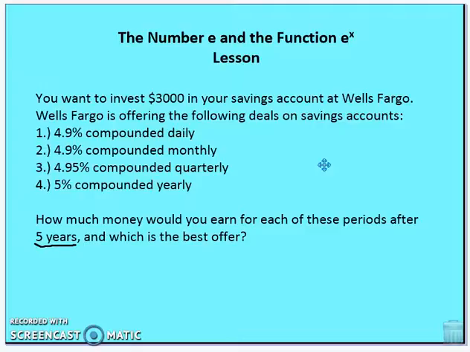But let's just say that things have changed now, and you can get 4.9% compounded daily, 4.9% compounded monthly, 4.95% compounded quarterly, and 5% compounded yearly. Your job is to figure out, using the formula that I just gave to you, which is the best offer. I'm going to pause here and then we'll go through the numbers.